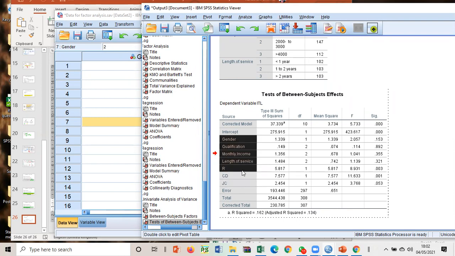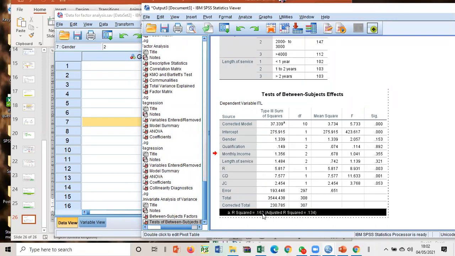Supposing these are all the variables in the literature, now I can say among all the variables, only these two are significant. Then they explain only about 16%. The suggestion is there could be other variables that are important in predicting intention to leave. Okay?